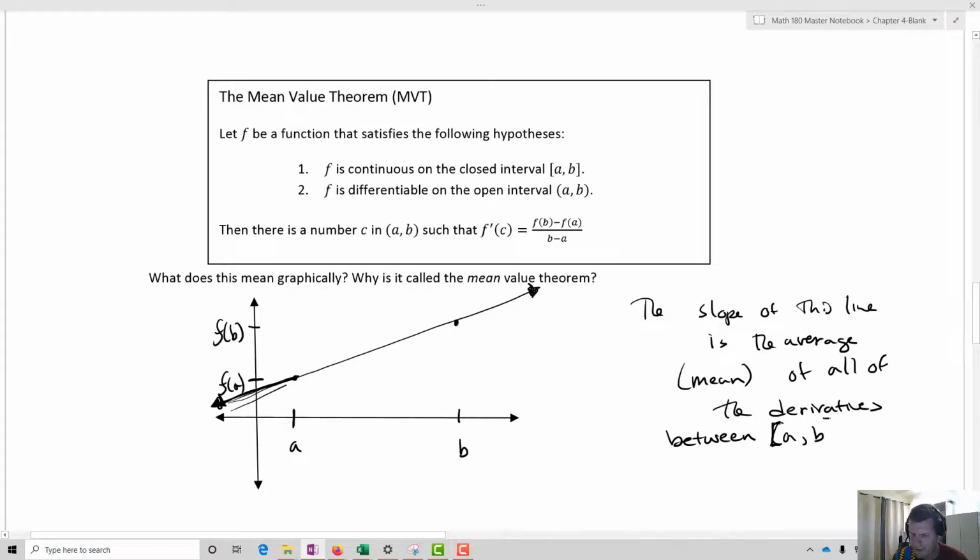For all those derivatives between a and b, okay, so you take the derivative of every point along that curve, the average value of all of those derivatives is in fact the slope of this straight line, okay? Now, why it ends up with that there's a number c such that f prime of c is equal to f of b minus f of a over b minus a is that somewhere, let's imagine that we draw, I'll put this now in red.